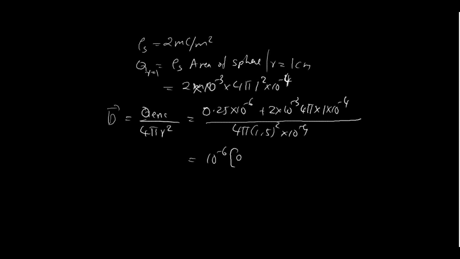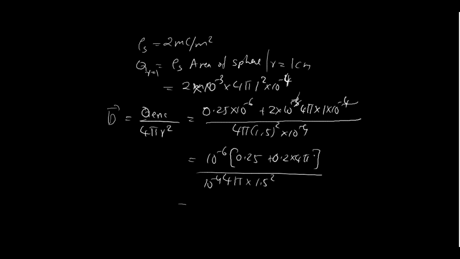So what is left is 0.25 plus here 10 raised to minus 4 and minus 2. If we take 10 raised to minus 1 out, it becomes 0.2 into 4 pi divided by 4 pi 10 raised to minus 4 pi into 1.5 square.